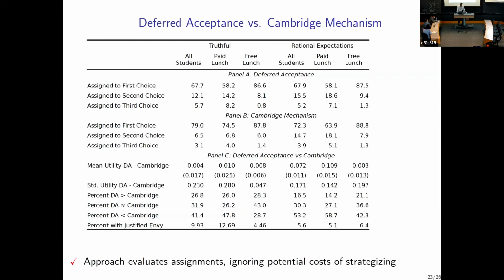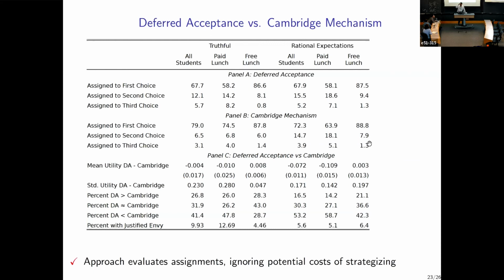These are people that say, I'm going to go for the safe option. Notice that most of the action is happening in the paid lunch kids, where the number of students that seem to be strategizing is much higher. If I compare these numbers for the free lunch kids, it's almost the same.